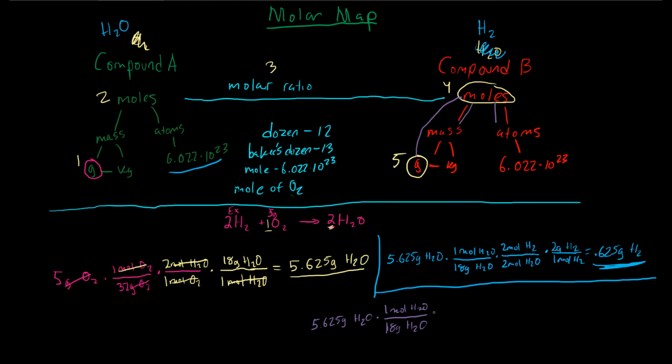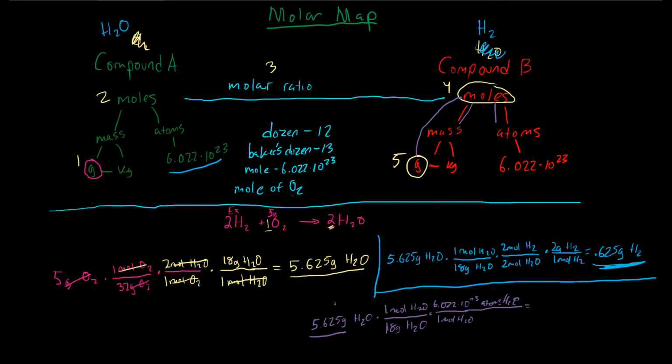And since we know that in 1 mole of H2O you have 6.022 times 10 to the 23rd molecules of H2O, if you evaluate this out, you'll find the number of molecules in 5.625 grams of H2O.